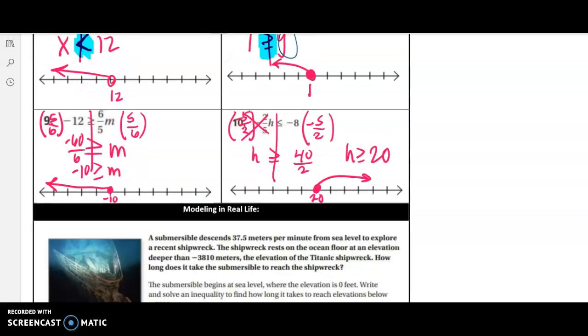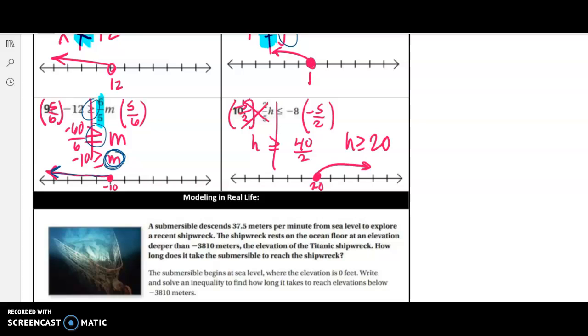All right, on number 9, I didn't have to multiply by a negative because what's next to my m is positive. Since I didn't multiply by a negative, my inequality stays the exact same as it was before. So negative 10 is greater than or equal to m, and my m is on the right side, which means that it's going the opposite direction on my graph, so I need to go the less than way.